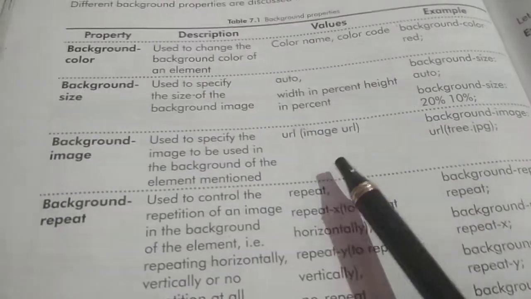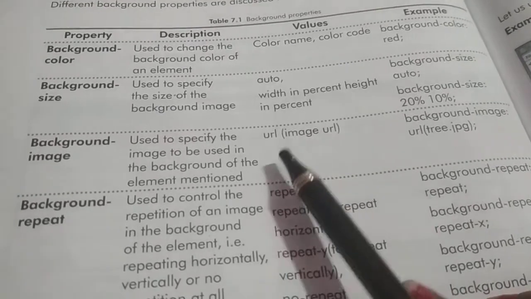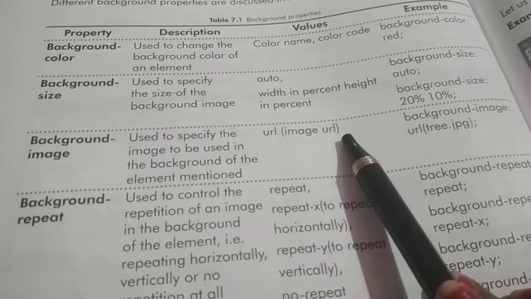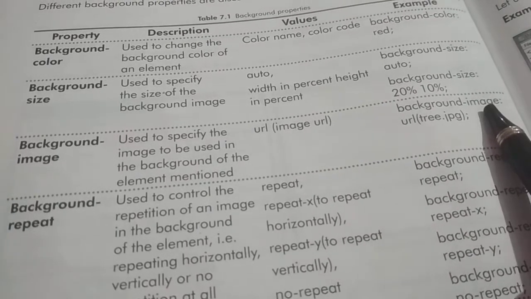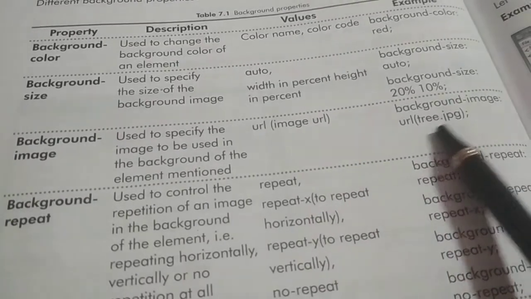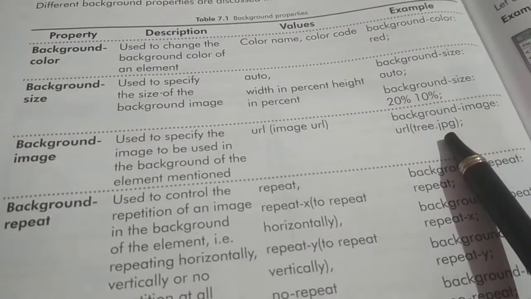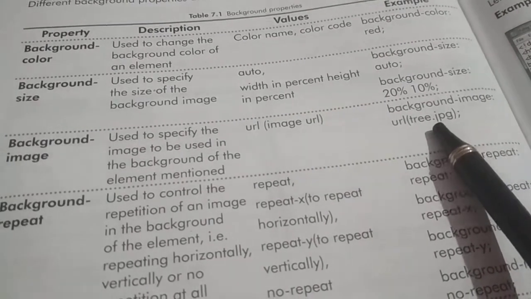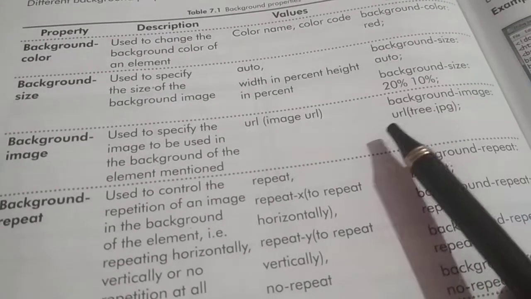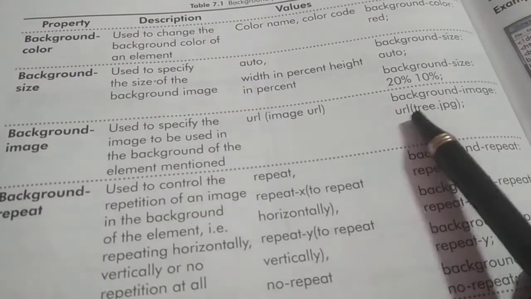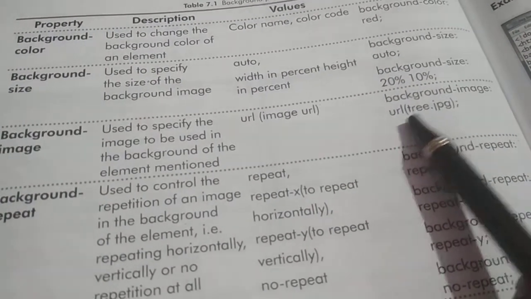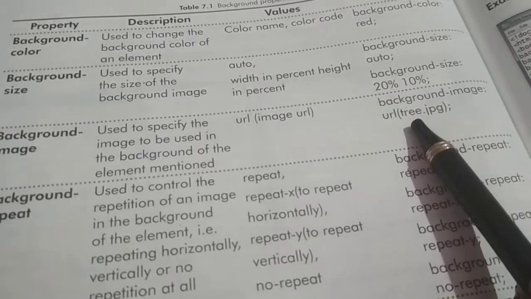Okay. Now what is the value of it? URL, image URL. So background image URL tree.jpg. So here we are giving the picture of a tree.